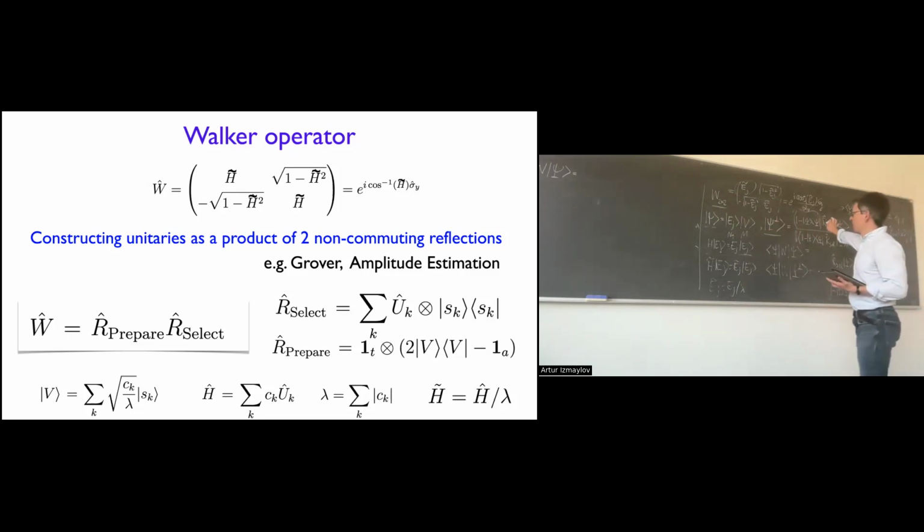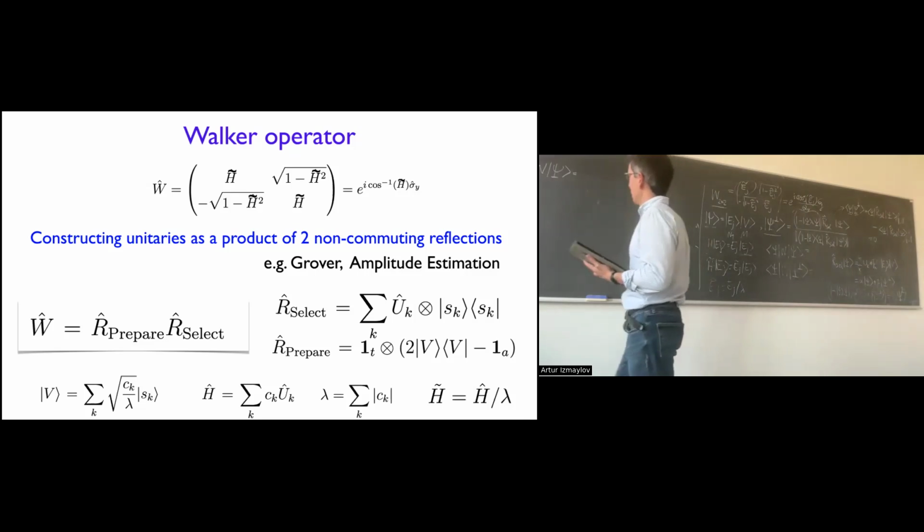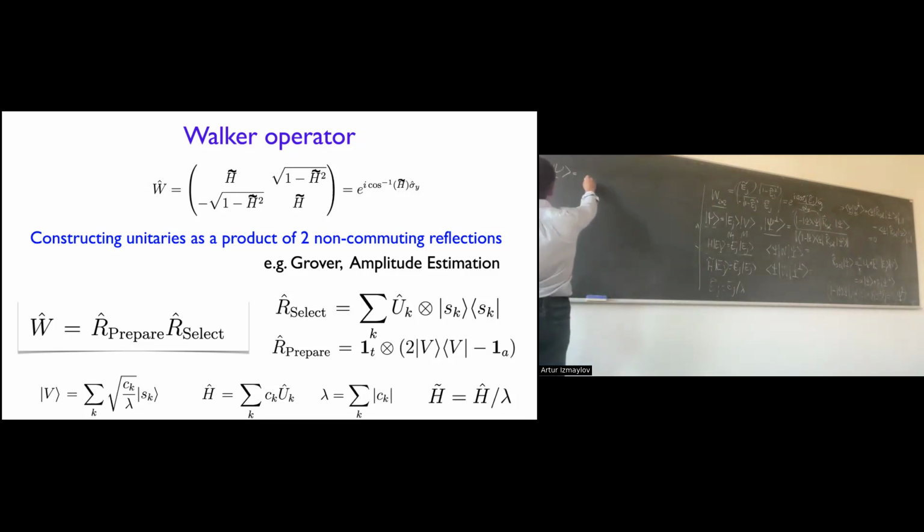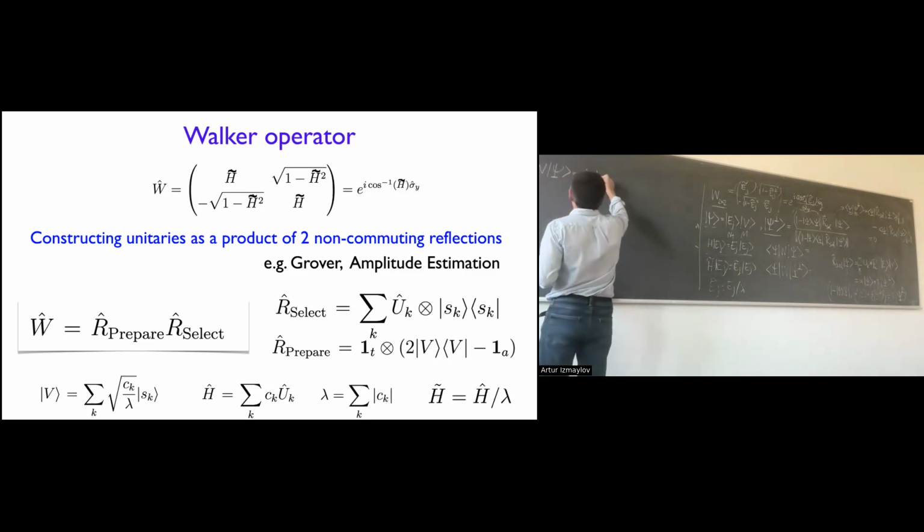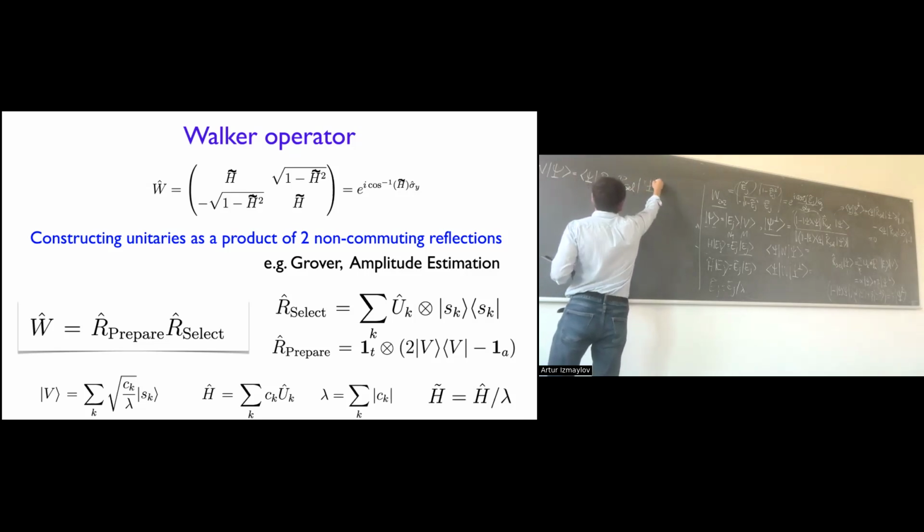Now, once we define the orthogonal complement, we can write this first matrix element: psi, then our prep, and our select, psi.